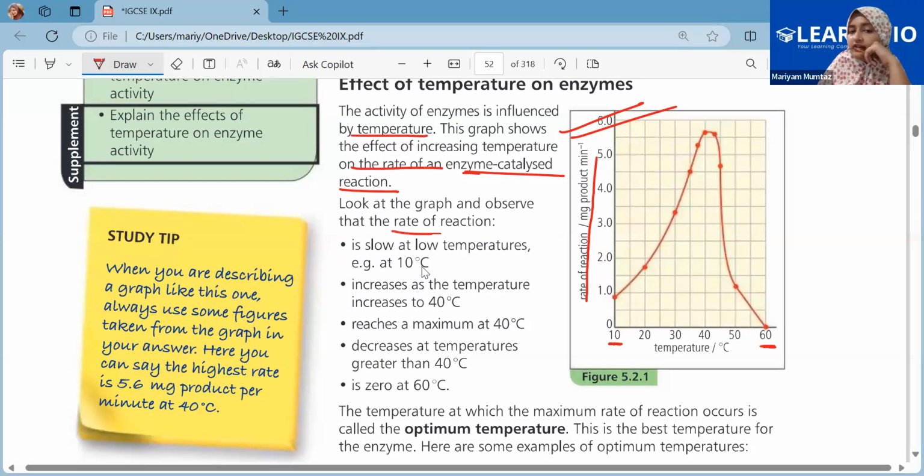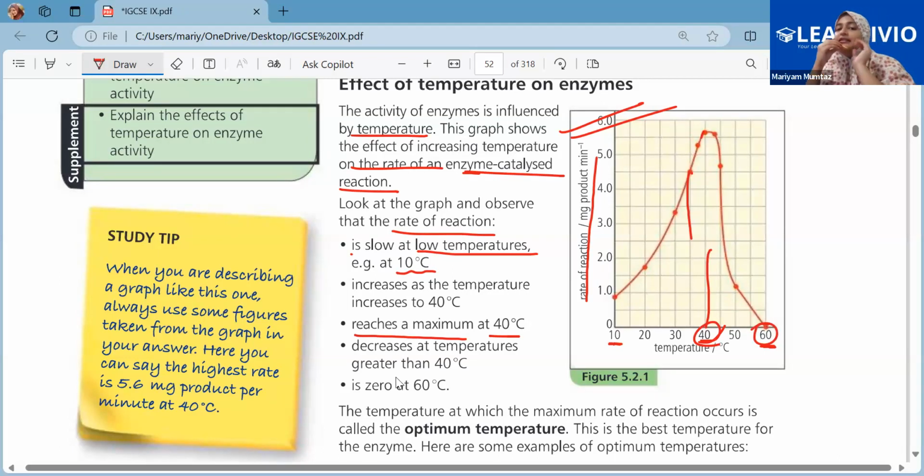The rate of reaction is slow at low temperature, meaning at 10 degrees Celsius, the rate is very slow. As the temperature increases to 40 degrees Celsius, the rate of the reaction increases. It reaches a maximum at 40 degrees Celsius. And then it starts getting reduced if we increase the temperature above 40 degrees Celsius, and then it becomes 0 at 60 degrees Celsius.